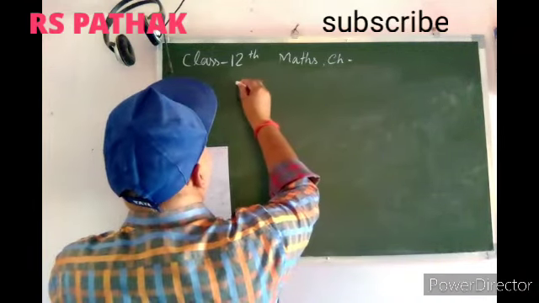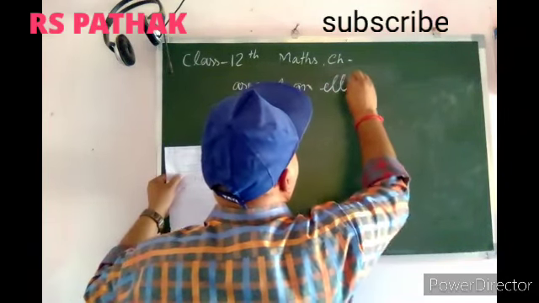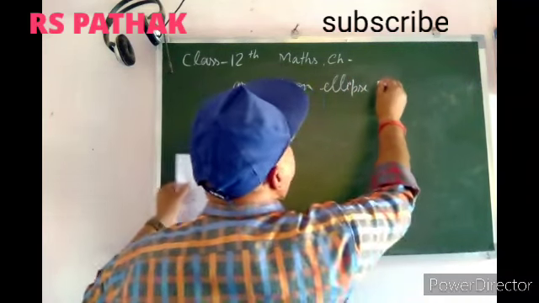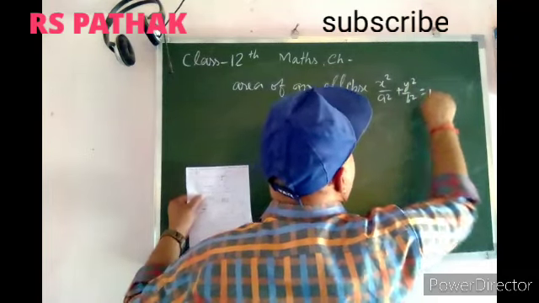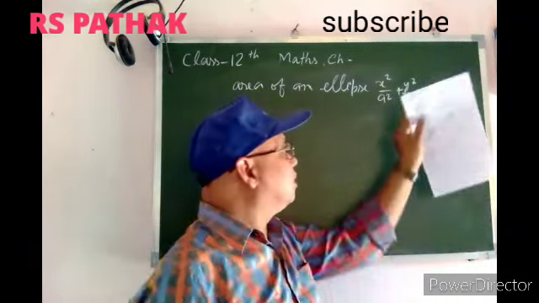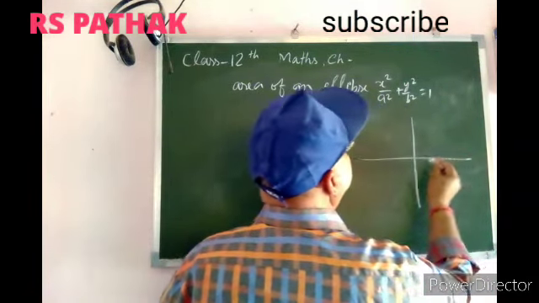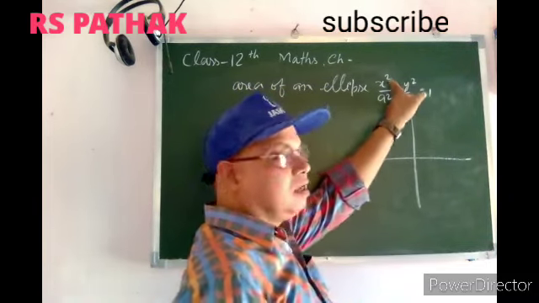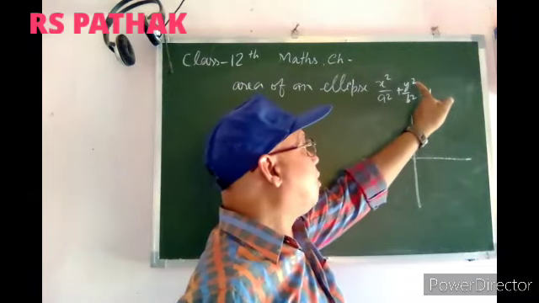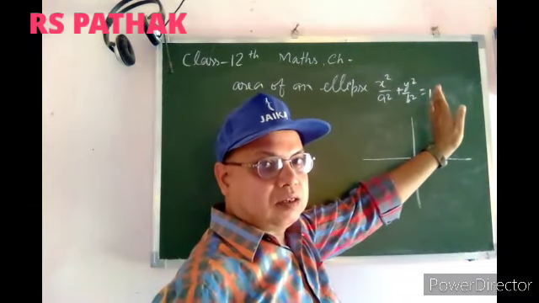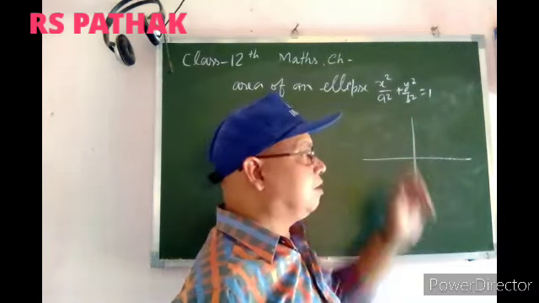Area of an ellipse x square upon a square plus y square upon b square equal to 1. We have to find the area of this ellipse. Since the power of x is even, the figure is identical about the y axis, and the power of y is even, so the shape of the figure is identical about the x axis.